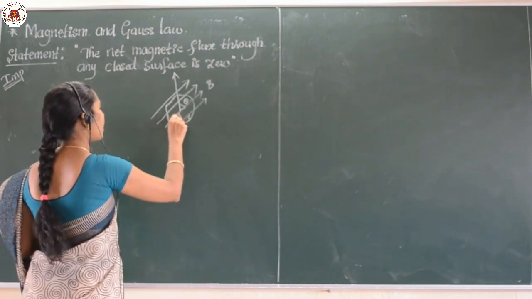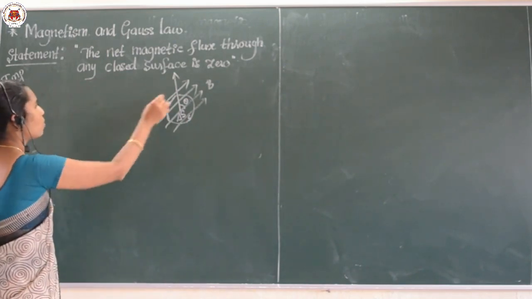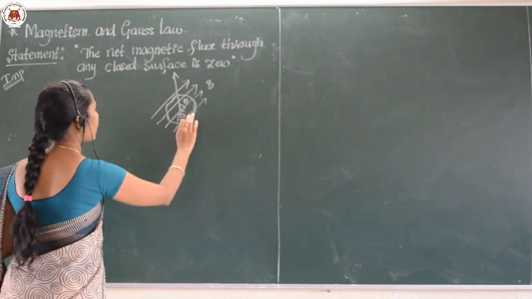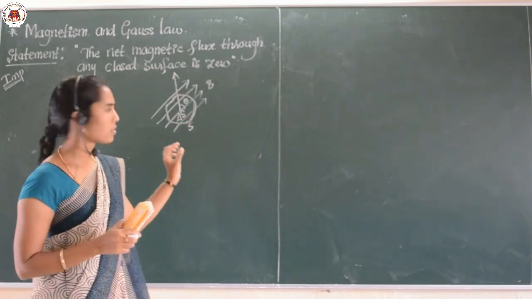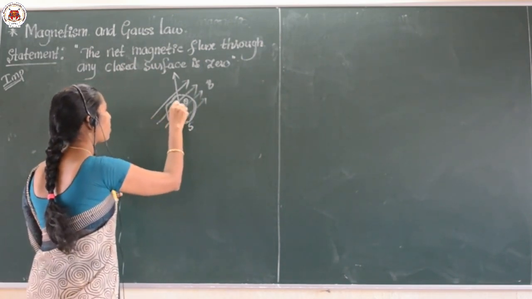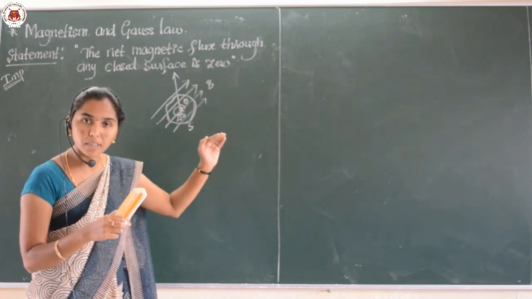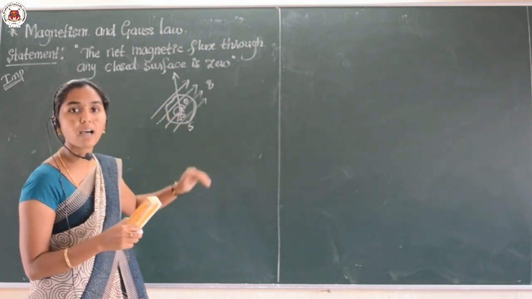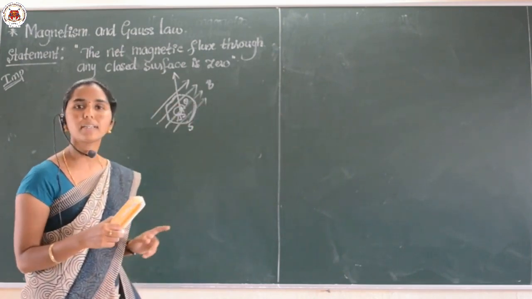This area element is delta S. The magnetic flux through this small area that I have taken here: how many magnetic field lines are entering through that area will be equal to how many magnetic field lines are leaving the area.